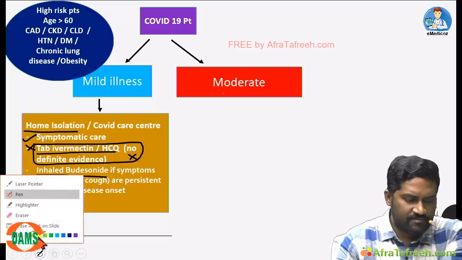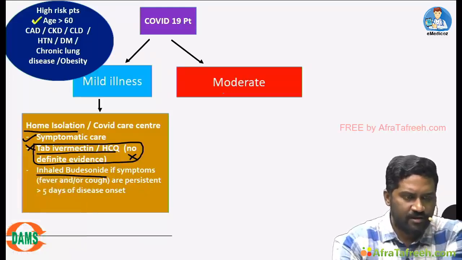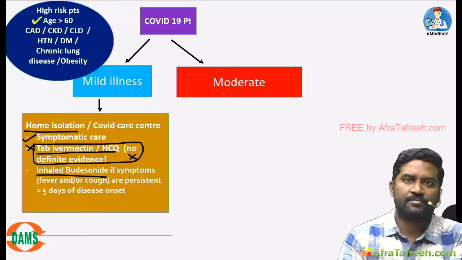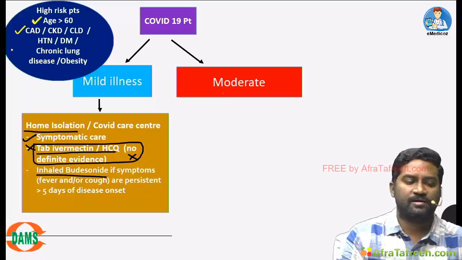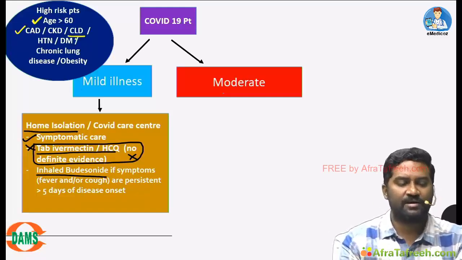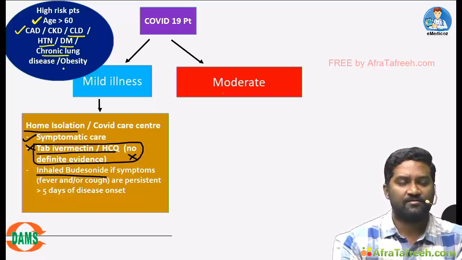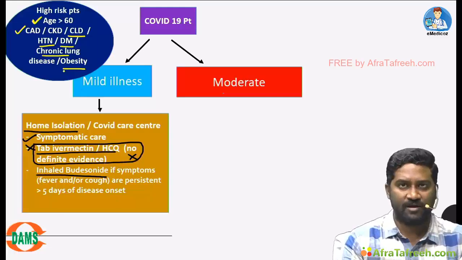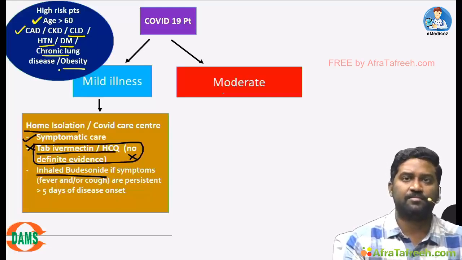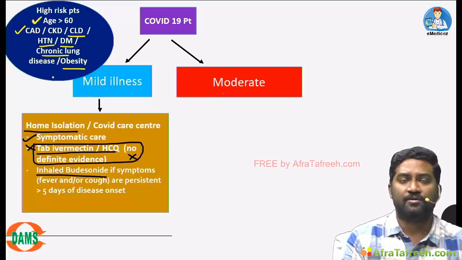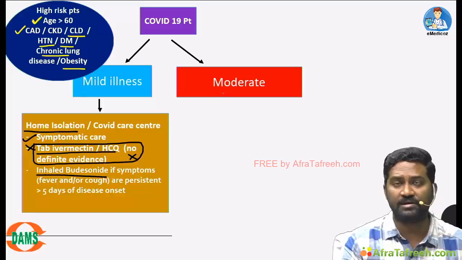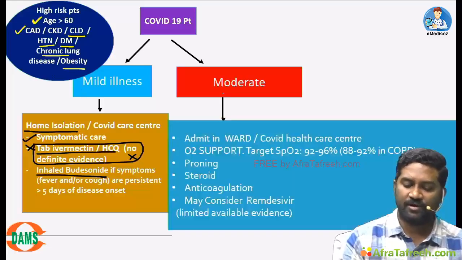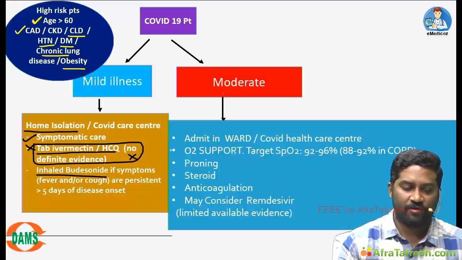Age more than 60, coronary artery disease, comorbidities, chronic kidney disease, chronic liver disease, hypertension, diabetes, chronic lung disease, obesity. If the patient has any one of these risk factors, he should be on close monitoring. If he develops any worsening symptom, immediately he should be admitted to the hospital. Whereas a moderate case generally requires hospital admission.